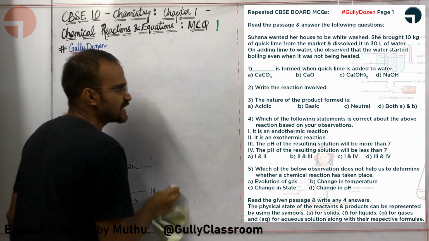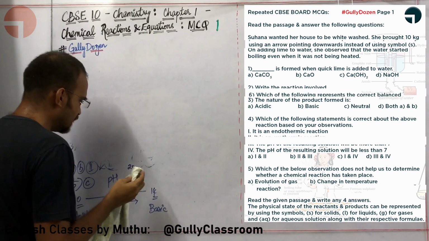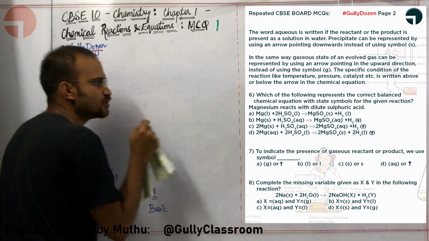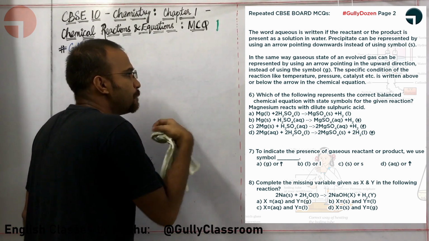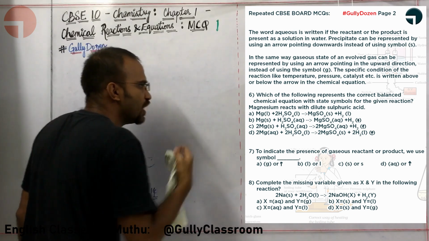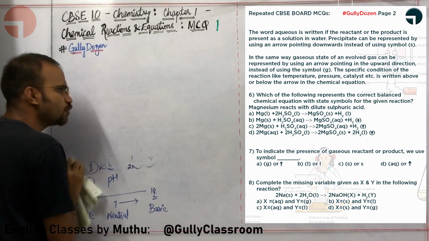In fact, what does AQ, aqueous solution, stand for? The word AQ, aqueous solution, is written if the reactant and the product is present as a solution in water. Okay, what about precipitate?